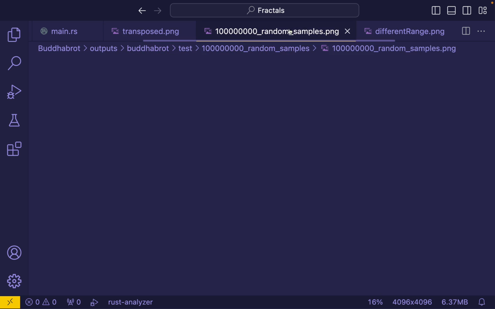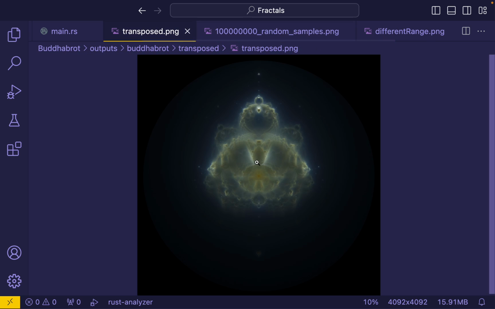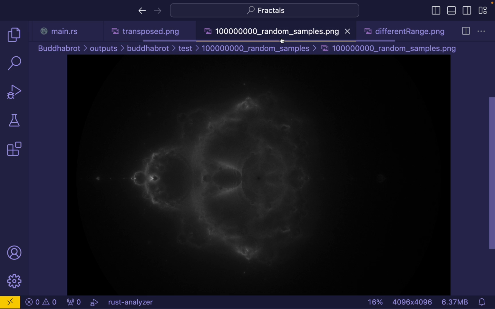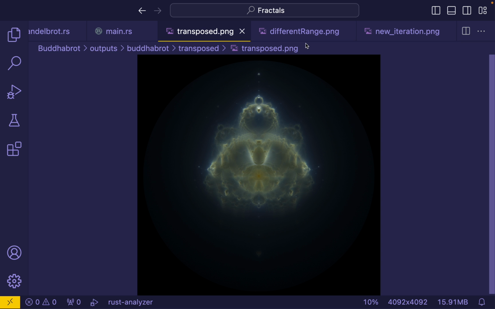This is done slightly different. And unlike the Mandelbrot, I'm not simply taking something that is one dimensional and making it look like it's three dimensional.